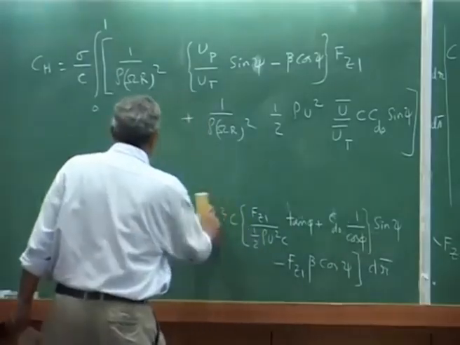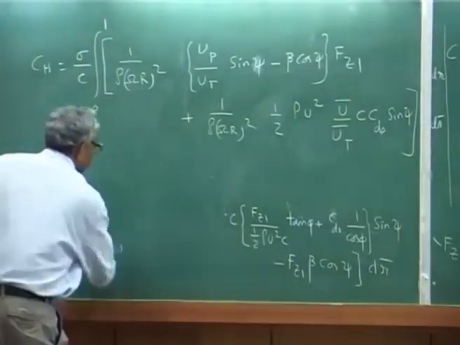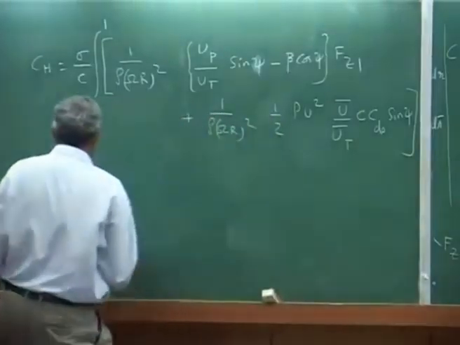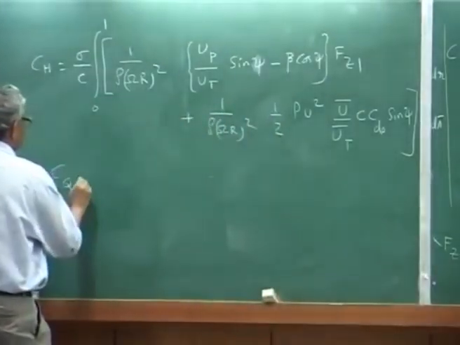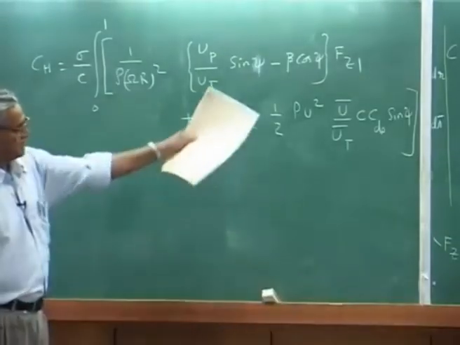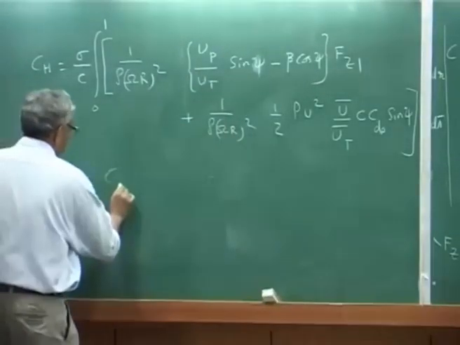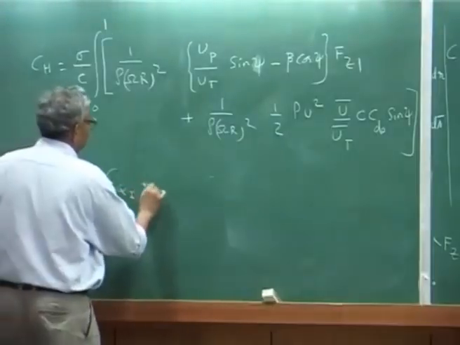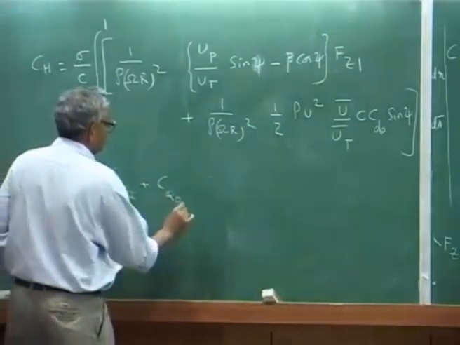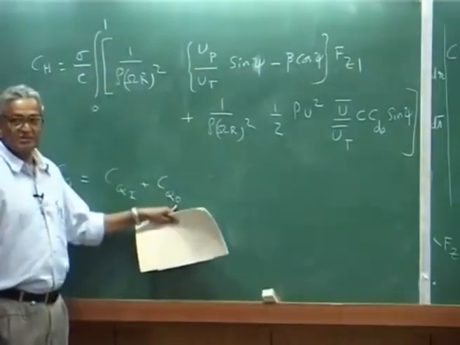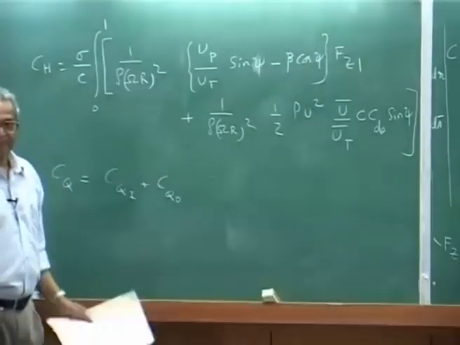I erase this part, because some algebra is done. You write your C_Q has two components, one due to induced, another due to profile. I is induced, 0 is profile.